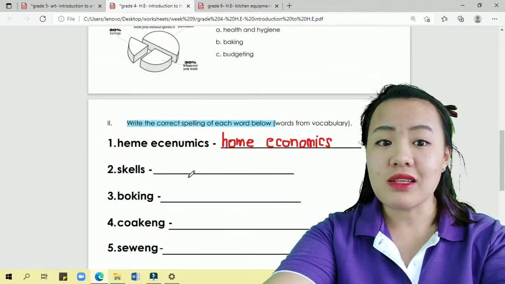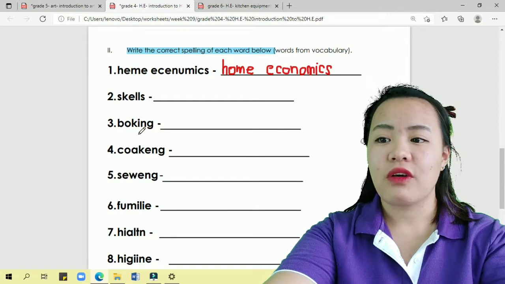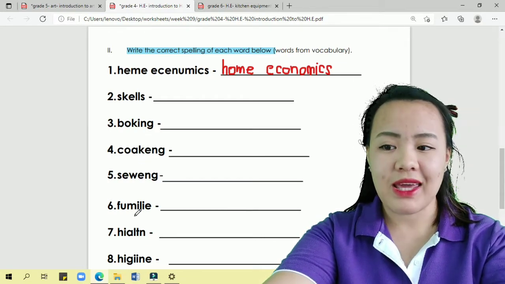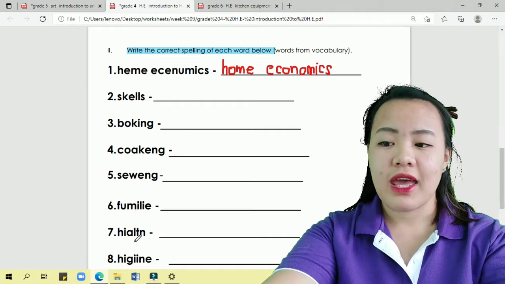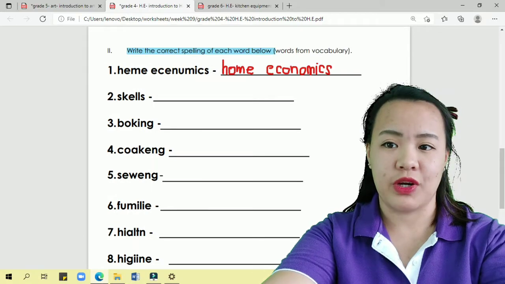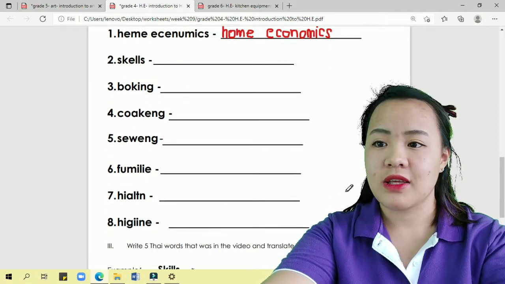Number 2, skills. Number 3, baking. Number 4, cooking. Number 5, sewing. Number 6, family. Number 7, health. And number 8, hygiene. Write the correct spelling of the word. Okay, so next, test 3.